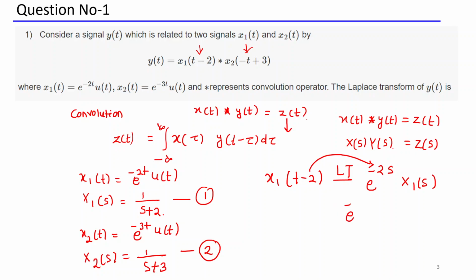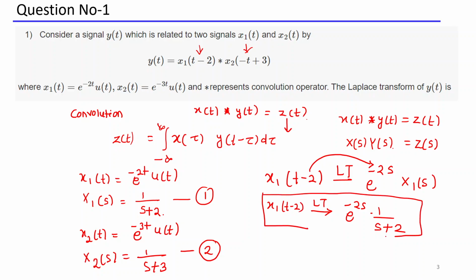From equation 1, x1(s) is 1 by s plus 2. So this is the Laplace transformation of x1(t minus 2). Let me box it, equation number 3. Any doubt up to this point, anyone? Please raise your hand, otherwise stop me.